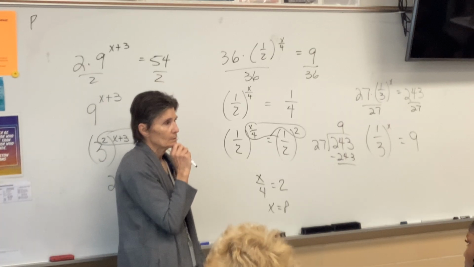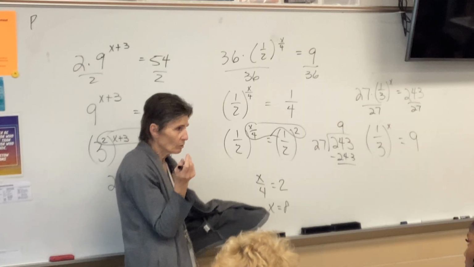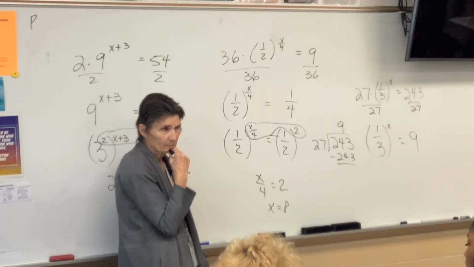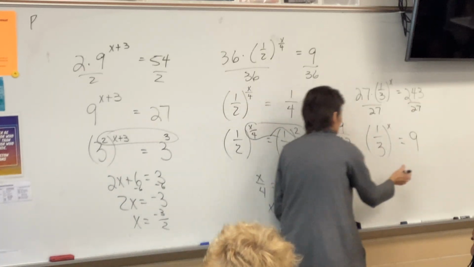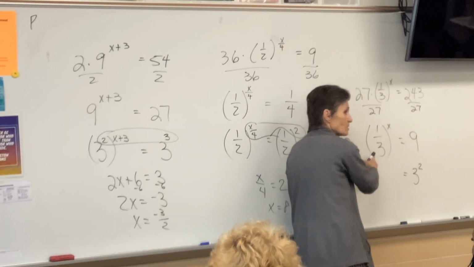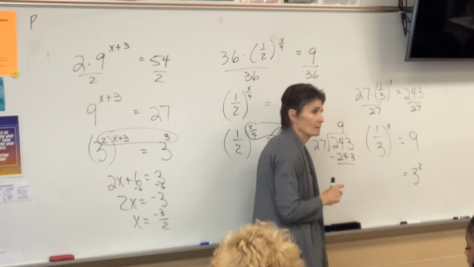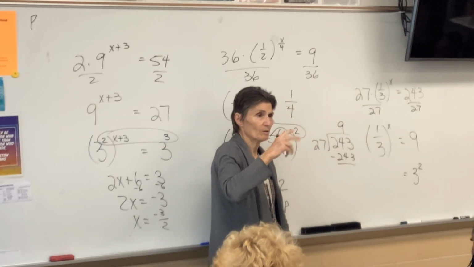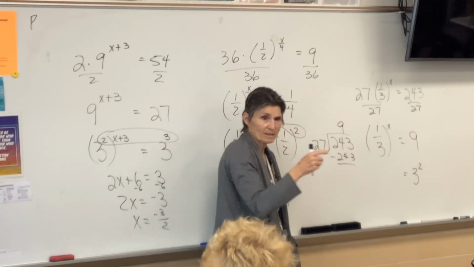Well, 9 is special. What's 9? 3 squared. But that's not a 3, it's a 1/3. How do we flip it over to make it a 3? Negative exponent.